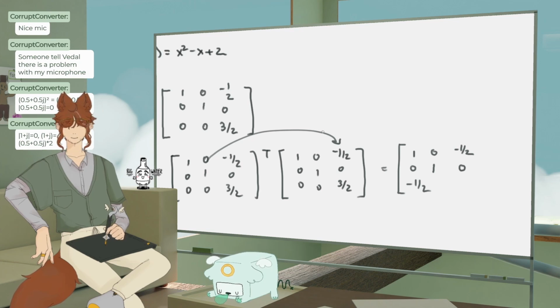0.5 squared plus 0.5 squared equals 0.5 plus 0.5. 0.5 plus 0.5 equals 0. Wait, what? 1 plus j equals 0. 1 plus j equals 0 equals 0.5 plus 0.5j times 2?